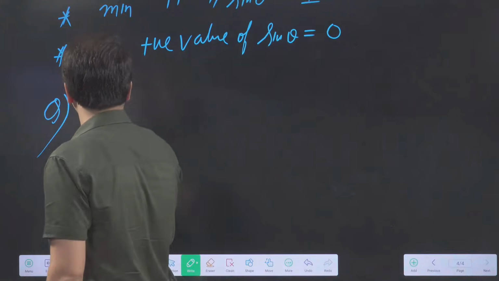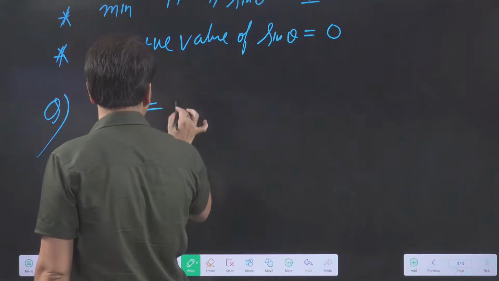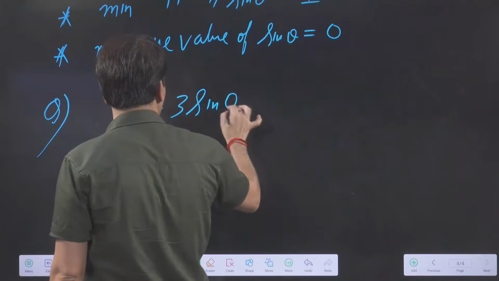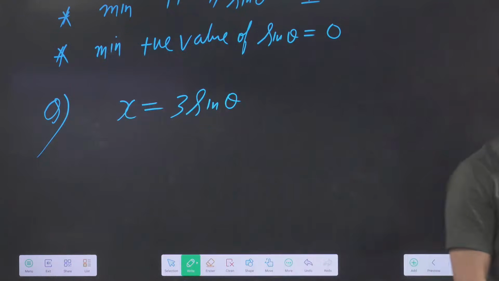Small question. Suppose I am saying x is equal to 3 sine theta. What is the maximum value of x? Somebody is saying 1.